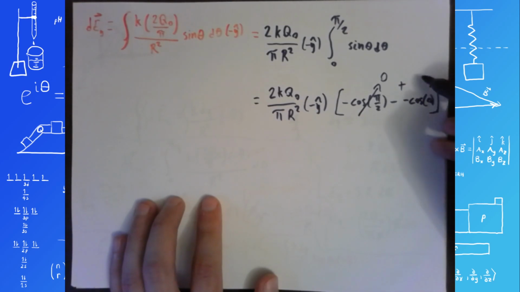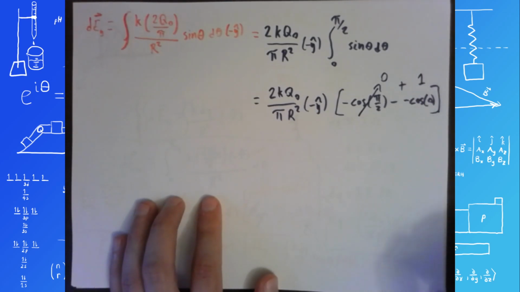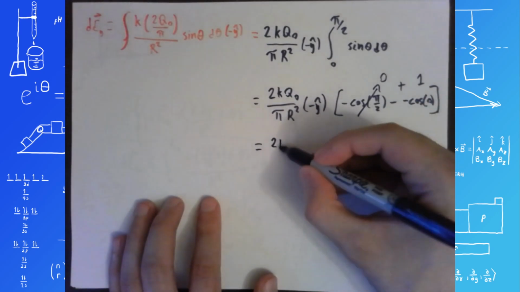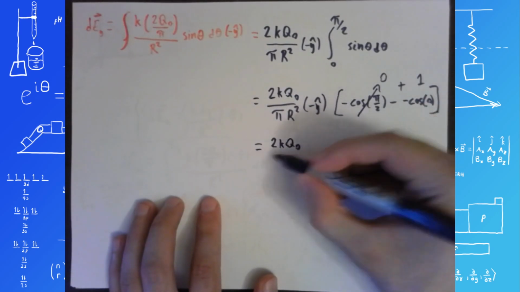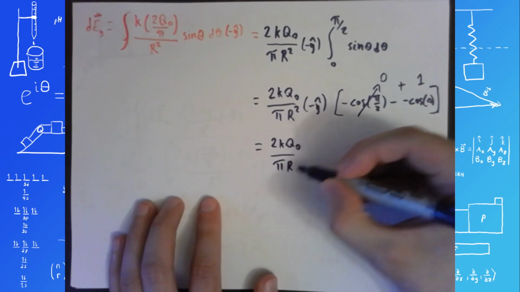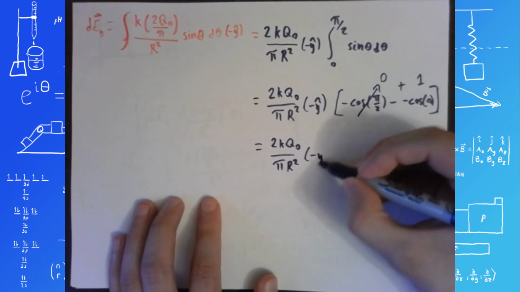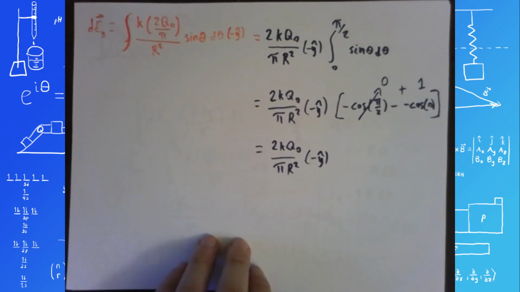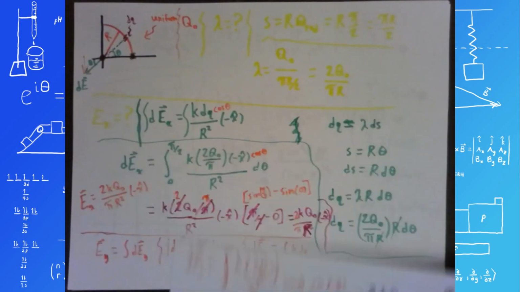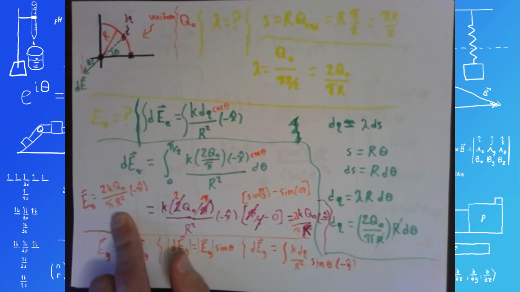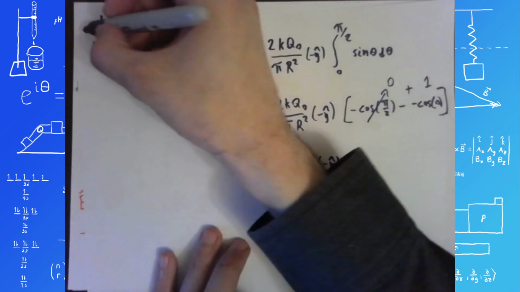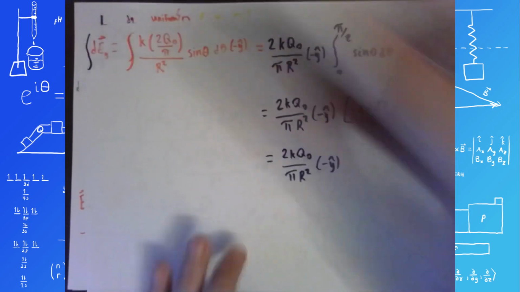And then cosine of 0 is 1. So times 1. Not a surprise here: 2k q0 over pi R squared negative y hat. Not a surprise that it has the same magnitude as the x component. And come to think of it, I forgot to write the integral symbol there.